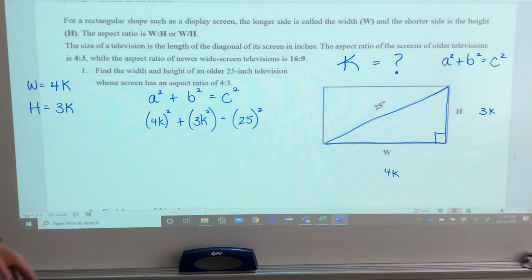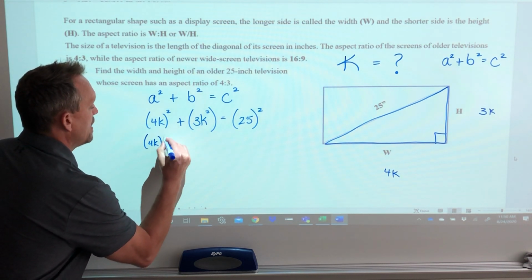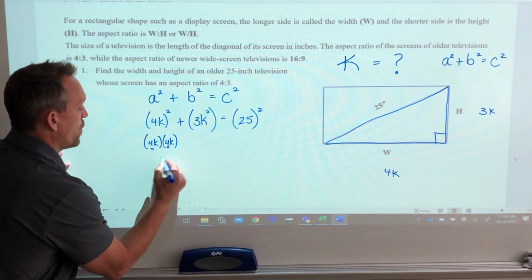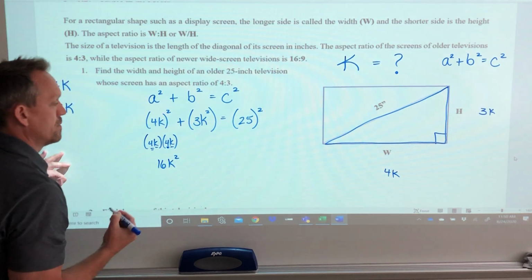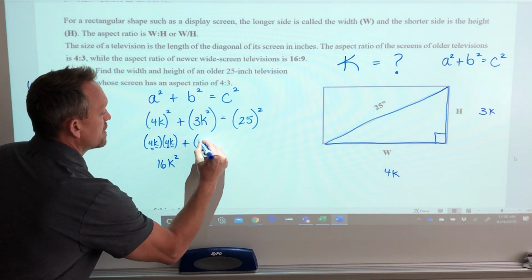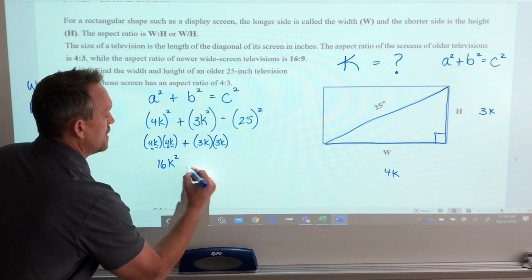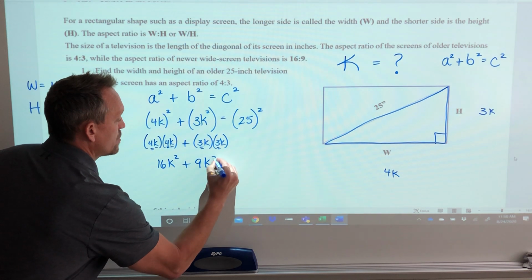So if it's 25, now when you square this, this is the equivalent of 4K times 4K, which is 4 times 4, which is 16, and K times K, which is K squared. This is 3 times K times 3 times K, which is equal to 9K squared.